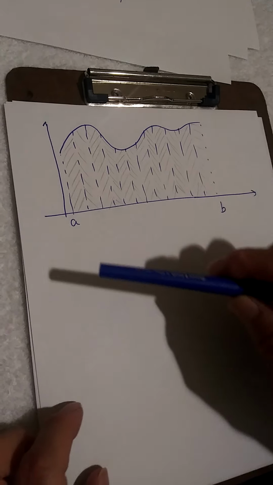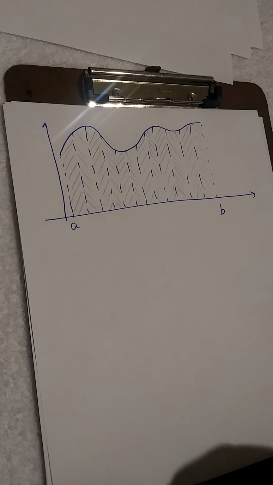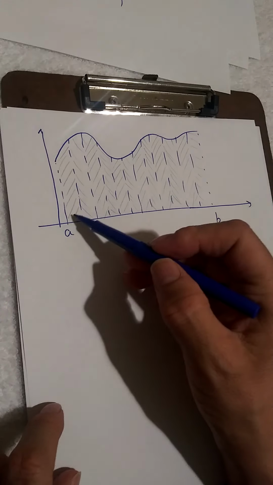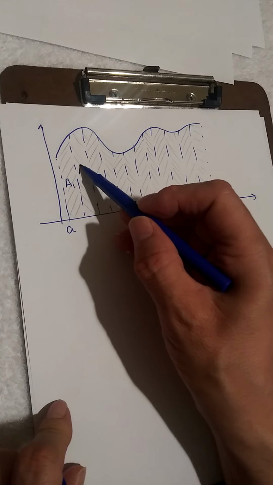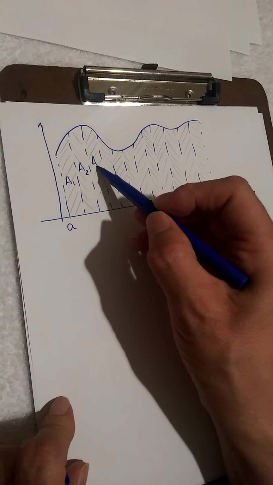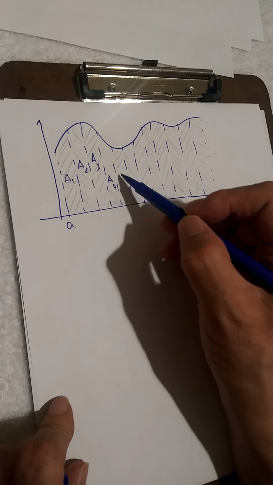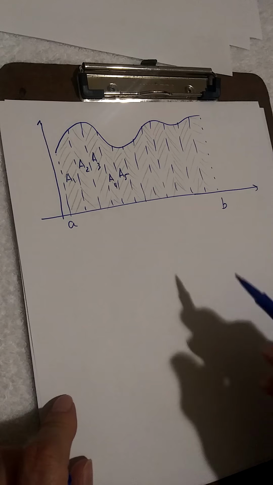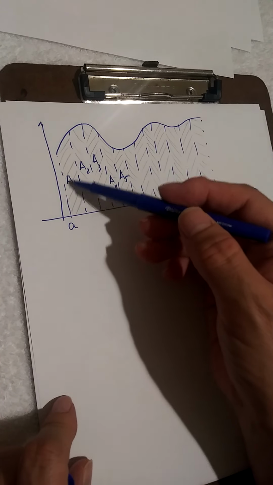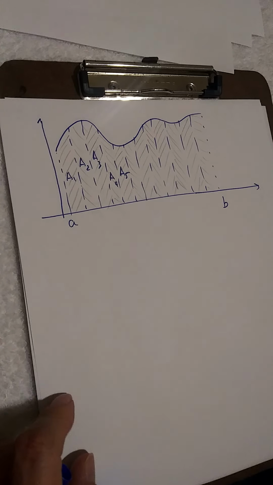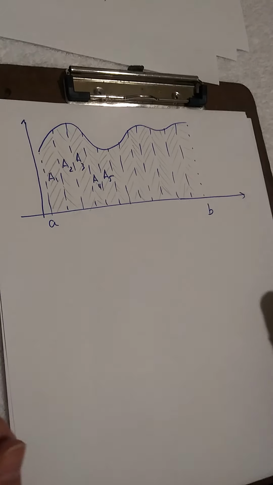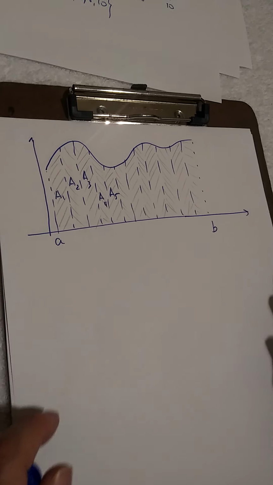Now, to calculate the total area or to measure it, we need to calculate each of the areas of each of these slices. Let's call this area 1, and this area 2, area 3, area 4, area 5, etc. Calculate the area of each of these slices, add up all of those areas, and that'll give you the total area under the graph.